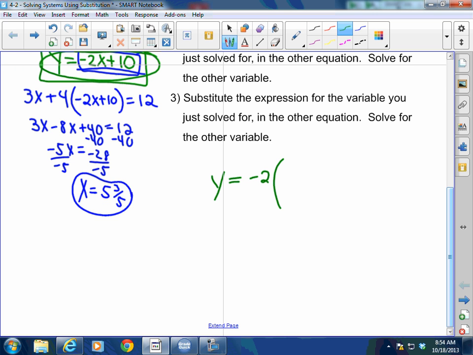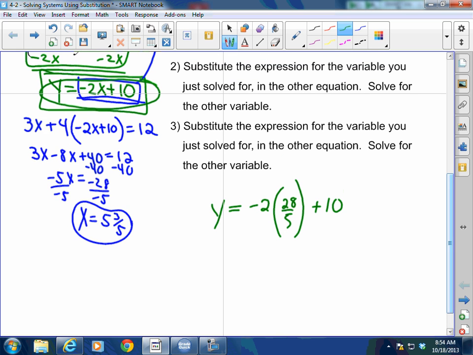You know that you can't multiply mixed numbers, so I'm going to leave it as an improper fraction. So that's going to be 28 fifths plus 10. Do you understand what I did there, guys? I took my x value and I literally plugged it into the x value of the y equals equation.